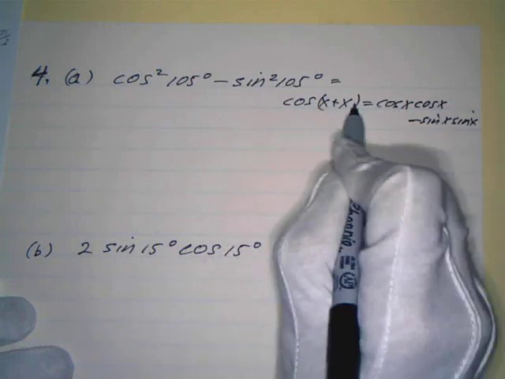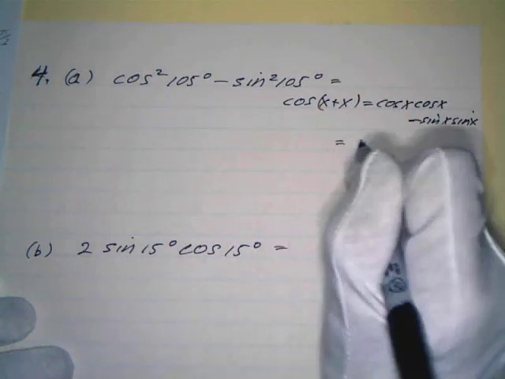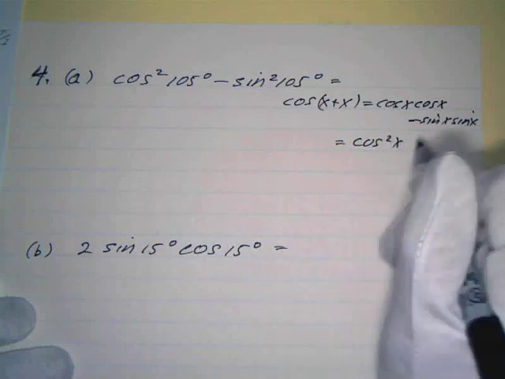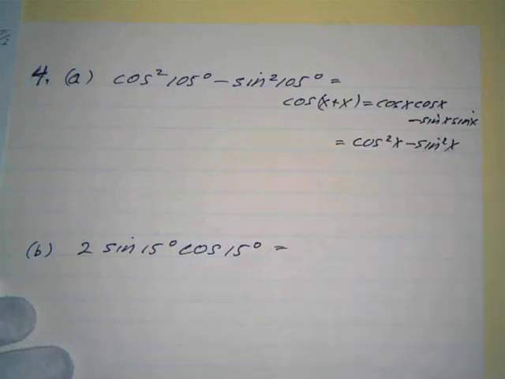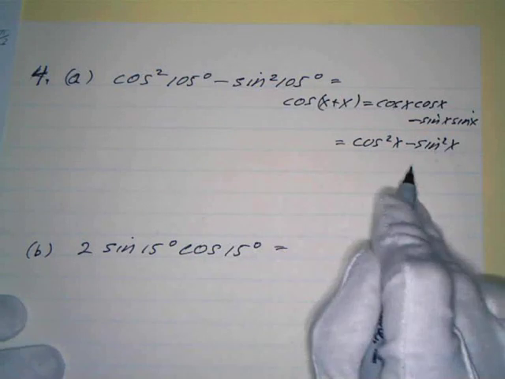So just by applying this sum formula that you really need to know, you get cosine squared x minus sine squared x. So if you forget that, you're going to derive that.